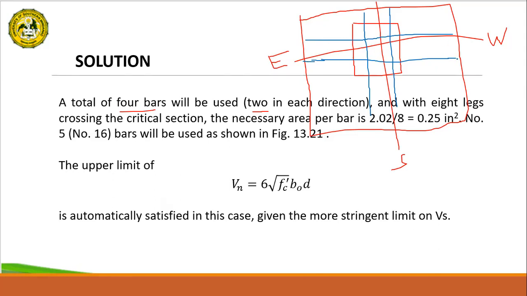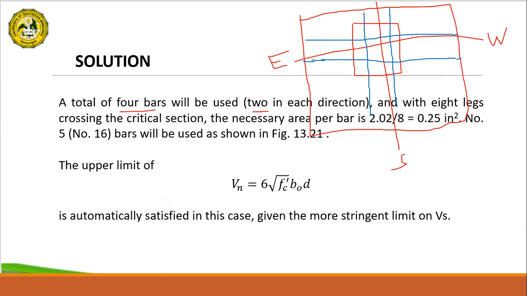Kailangan yung ating bars is abot siya hanggang doon sa ating critical region or critical section. Then, with 8 legs crossing the critical section. So, ito yung ating critical section. No?